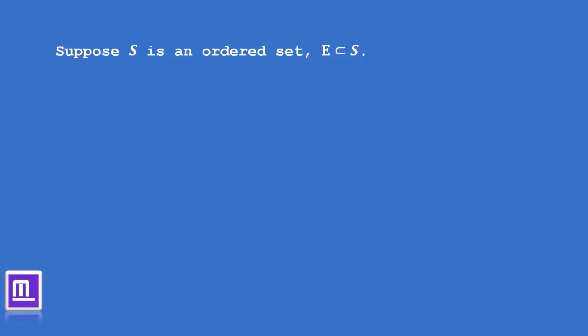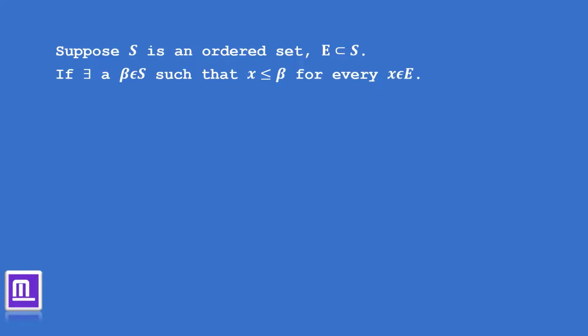So suppose S is an ordered set, E is a subset of S. In fact, you can take a proper subset also, there is no bigger issue. If there exists an element, say beta, belonging to S such that x is less than or equal to beta, that doesn't mean the value of x is less than beta.